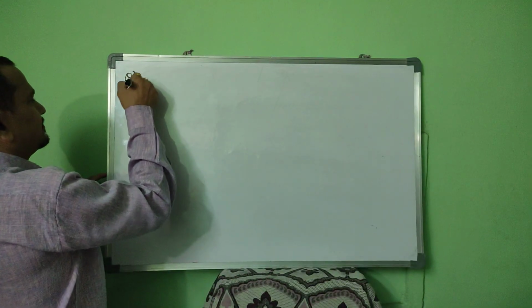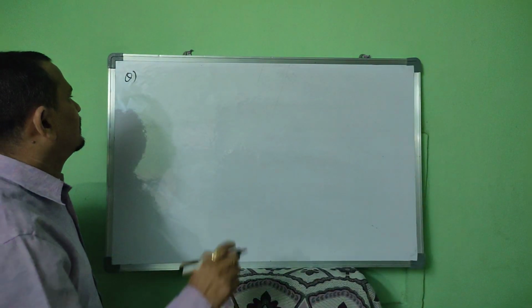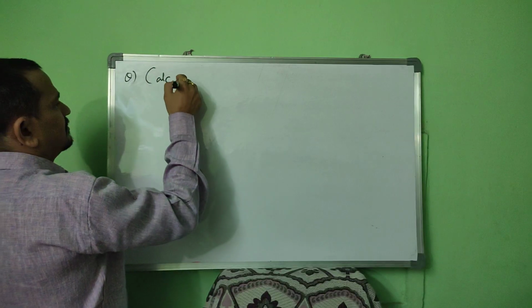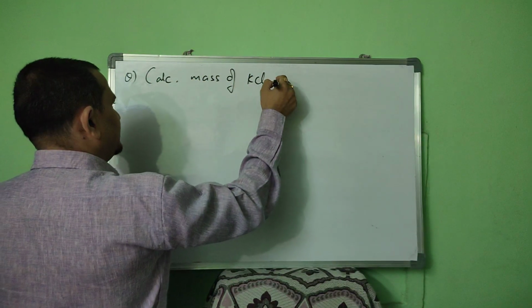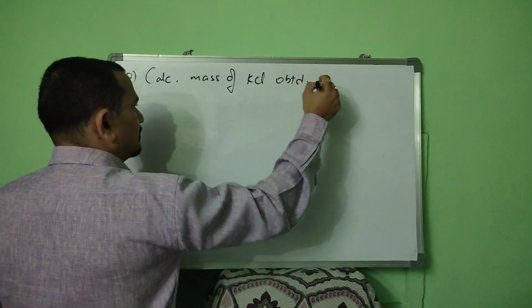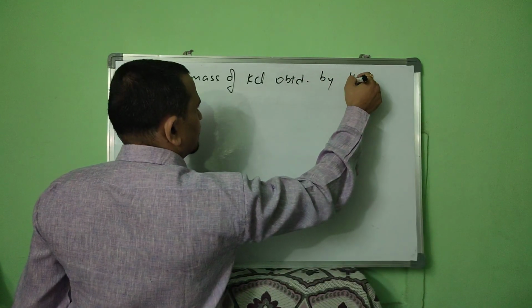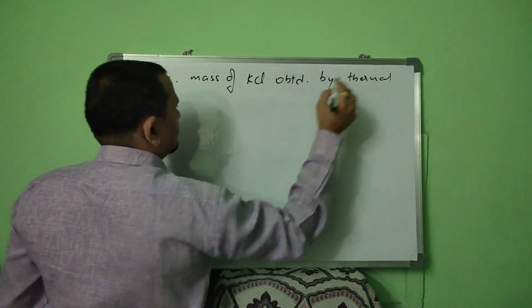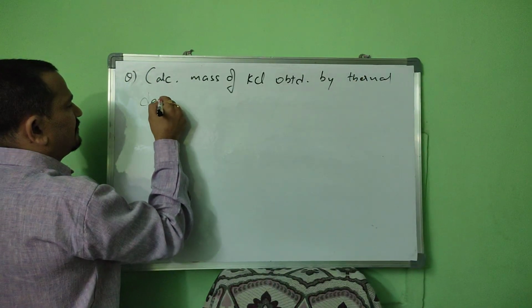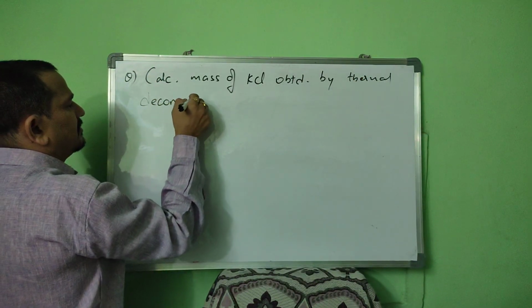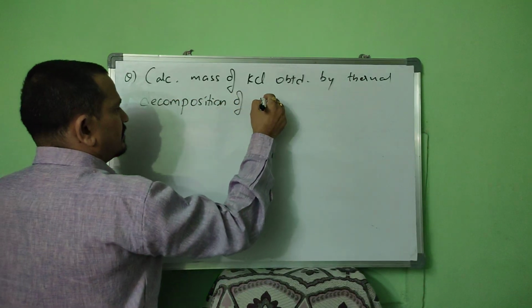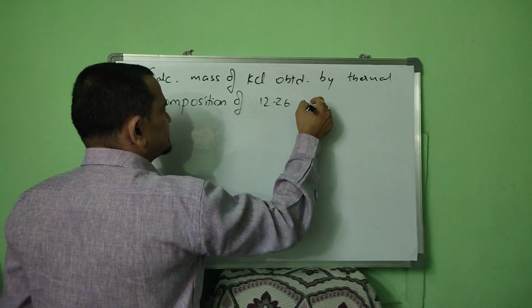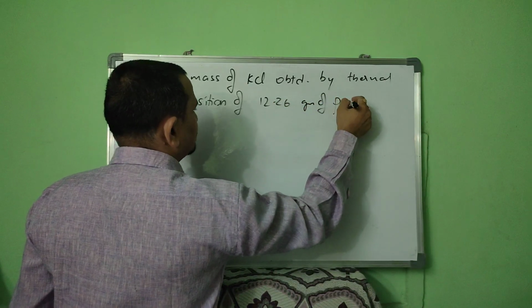The question is, calculate the mass of KCl obtained by thermal decomposition of 12.26 grams of potassium chlorate.